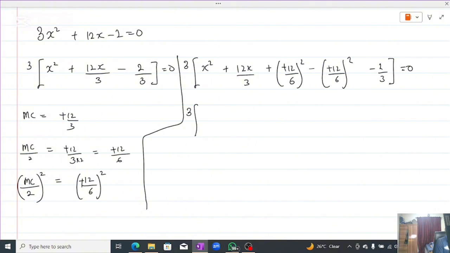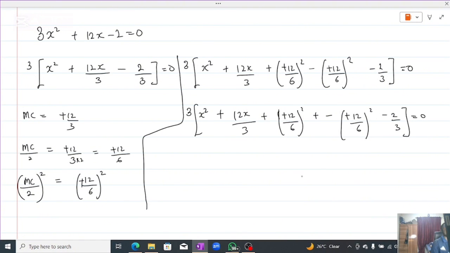I have 3 in bracket of x square plus 12x over 3 plus 12 over 6 square plus minus plus 12 over 6 square minus 2 over 3 equal to 0. The reason why I'm putting a plus here is because this minus, this is the owner of the minus. So I cannot put a bracket there without having a mathematical operation at the center, which is plus.